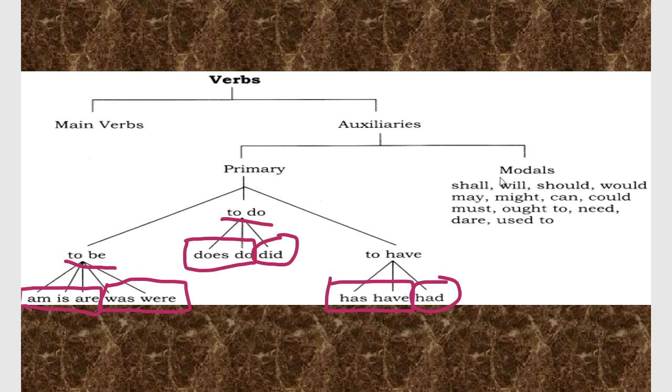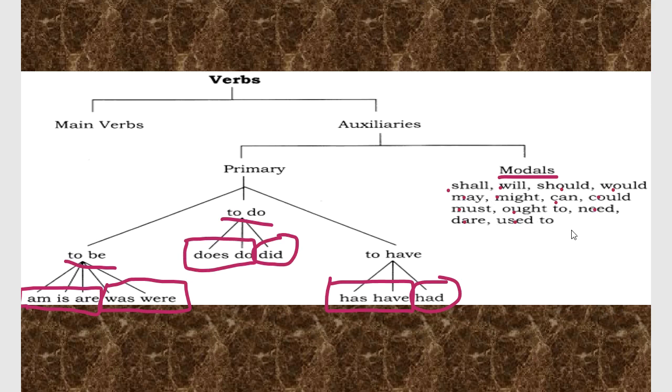Now we come to modal auxiliary verbs. The modal auxiliary verbs can be many, like shall, will, would, should, may, might, can, could, must, ought to, need, dare, used to.